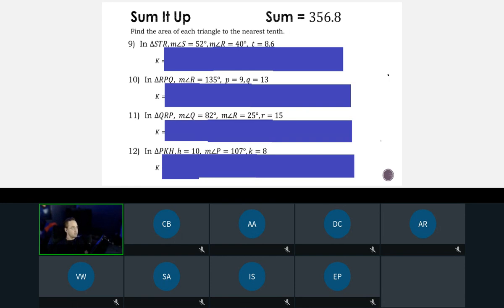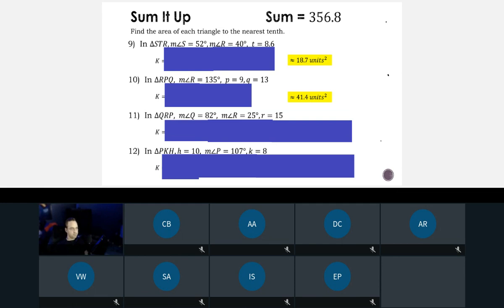All right, what is the final answer to number 9? 18.7. I agree. What is the answer to number 10? 41.4. Lots of those. I agree. What's the answer to number 11? 252.1. A lot of those answers.